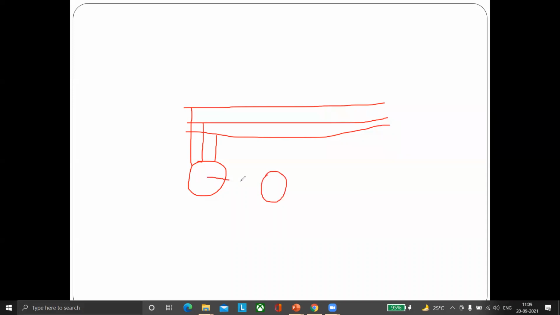And this AC motor and this DC generator are mechanically coupled. Is it right or not? This is the AC motor, and this is the DC generator.